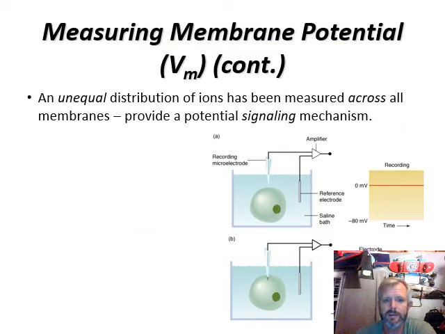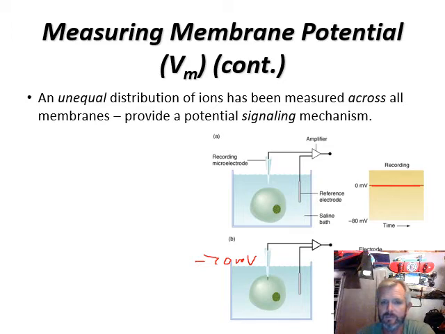Okay, here again, if you have a recording electrode and you have the reference electrode outside, you can see these are the same, so there's no difference in membrane potential, so we have this nice flat line. Once you plug it into the cell, you'll get a reading of negative 70 millivolts. This is telling you it is more negative inside the cell than it is outside the cell.